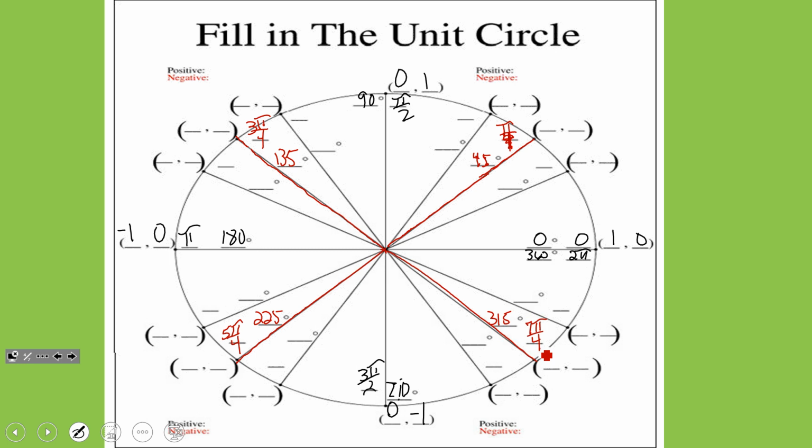But if you know the first quadrant, square root of 2 over 2 and square root of 2 over 2, then you can figure these out over here.